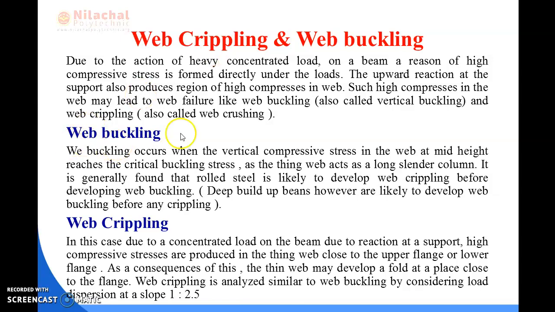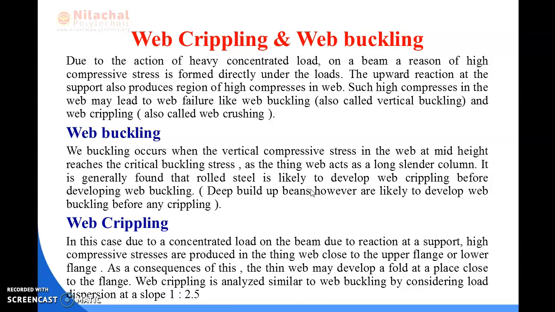So web buckling occurs when the vertical compressive stress in the web at the mid-height reaches the critical buckling stress, as the thin web acts as a long slender column.